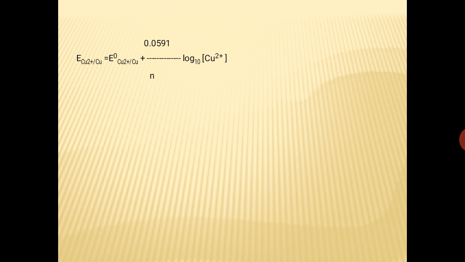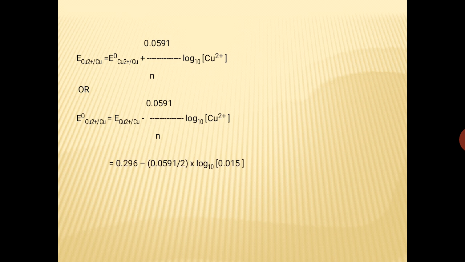Now here we are going to calculate E0 Cu2+|Cu. For that we need to rearrange the equation as E0 Cu2+|Cu is equal to E Cu2+|Cu minus 0.0591 upon N log to the base 10 of Cu2+ ion concentration. This is the formula in which we are going to substitute the values.